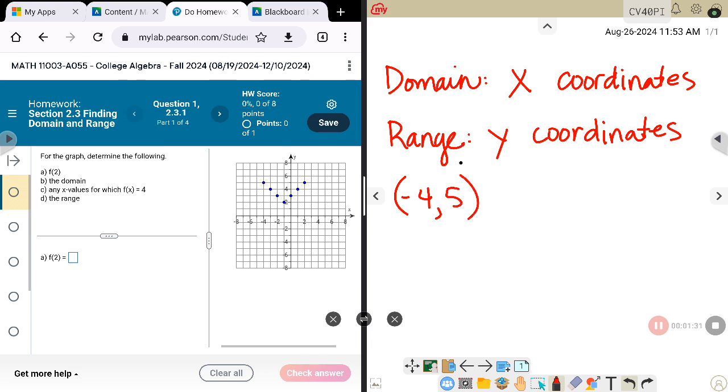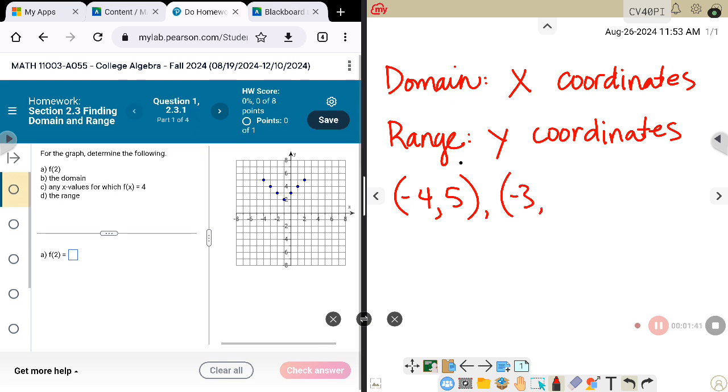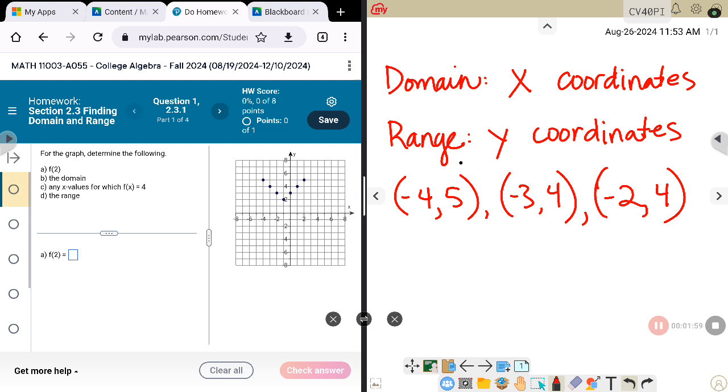Moving across from the left side to the right, the very next point has an x coordinate of -3 and a y coordinate of 4. Next point, x coordinate -2, y coordinate 4, excuse me, that's wrong, y coordinate 3.